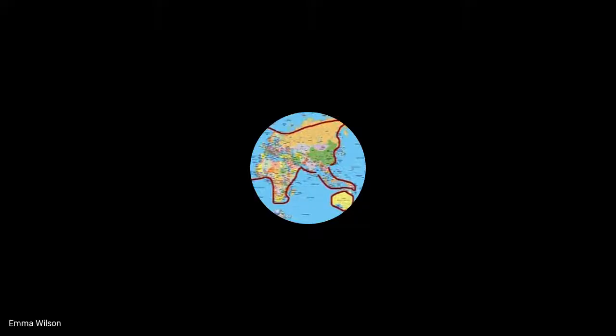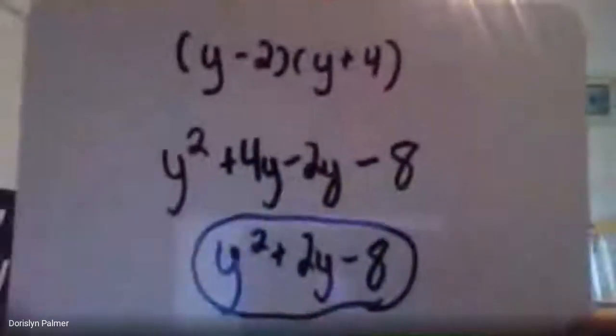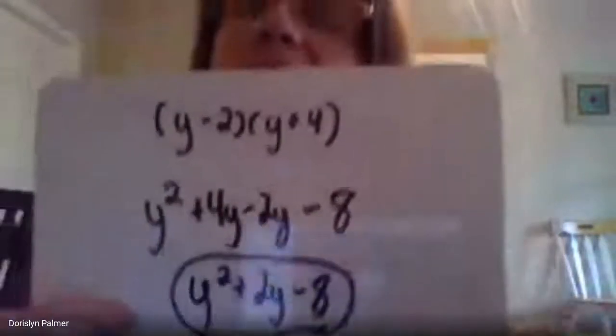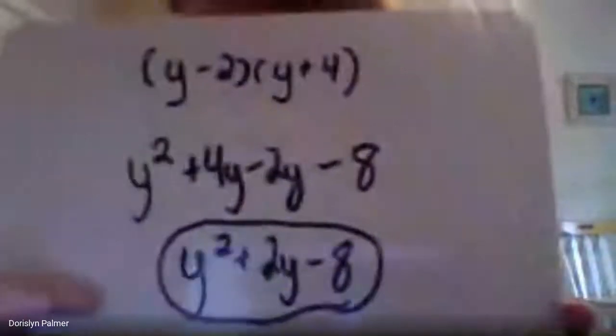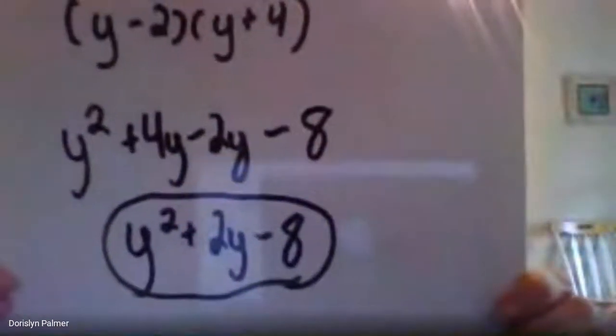Okay, 4y minus 2y, then minus 8. Good. I wrote it down like you said it. Emma was able to do the outers and inners together, and that's what we're working towards. So y squared plus 2y minus 8.